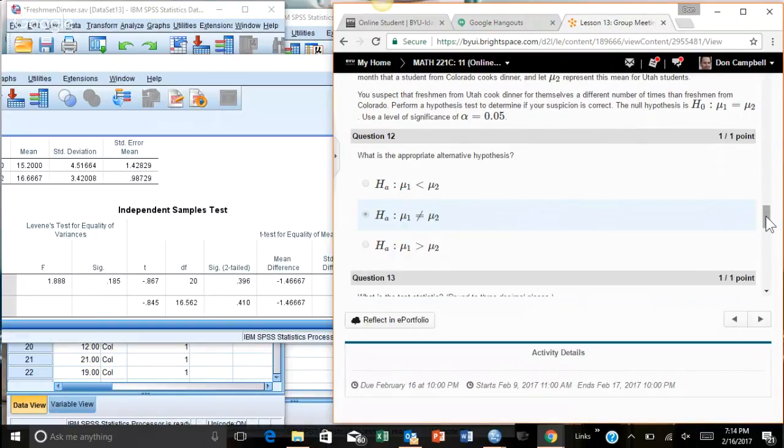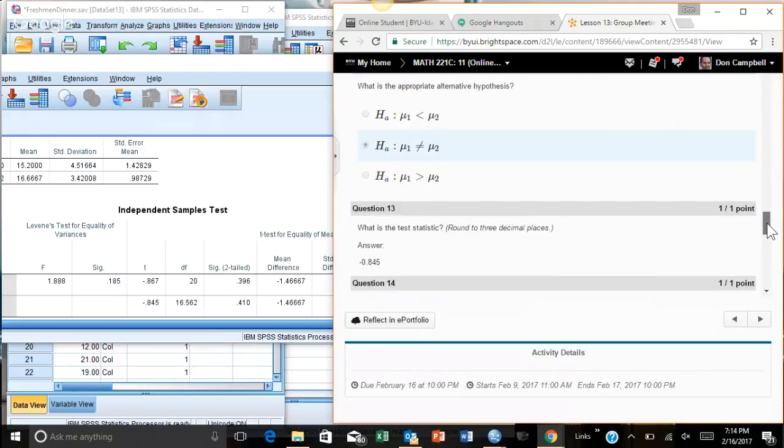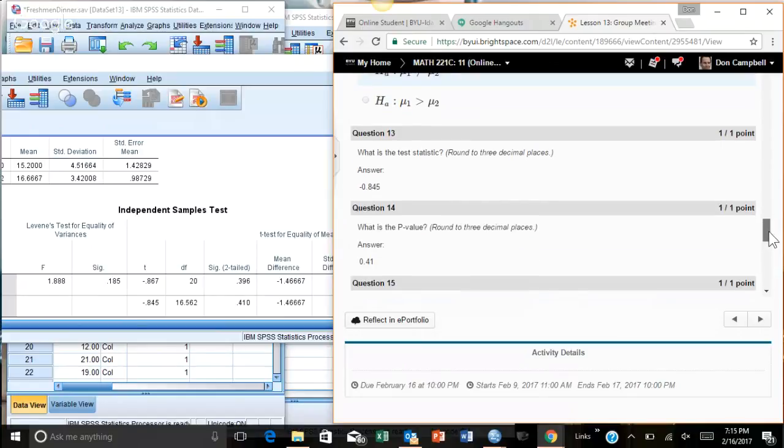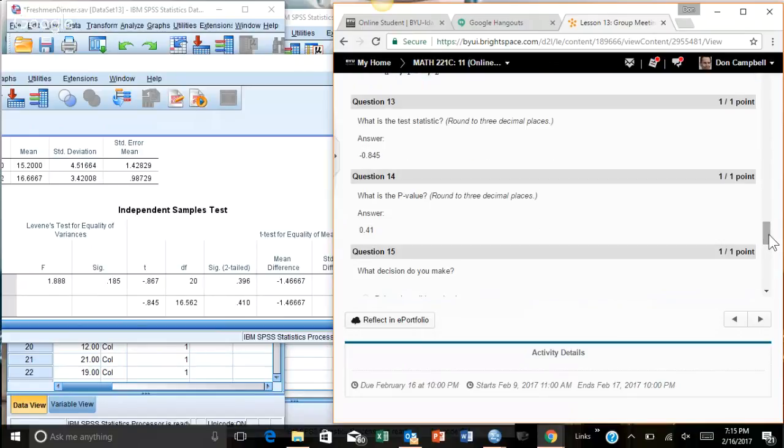D. Okay. 13 is negative 0.845. 14 is 0.410.